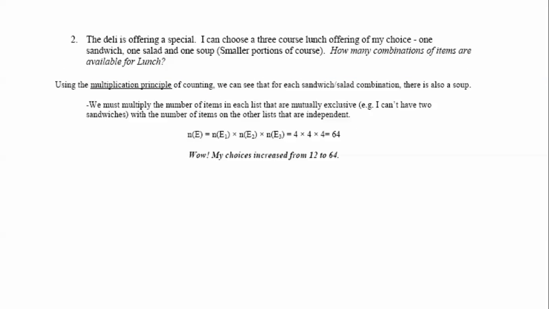But if I just recognize that there are 4 mutually exclusive events, but each one of those 3 categories are independent, I'd use the multiplication rule between independent events, and I could see that there are 64 possible combinations.